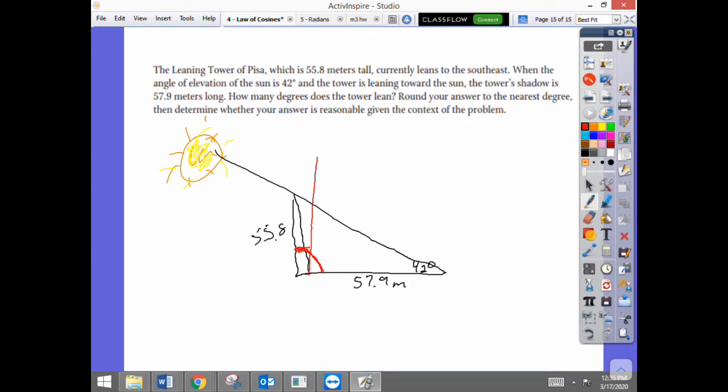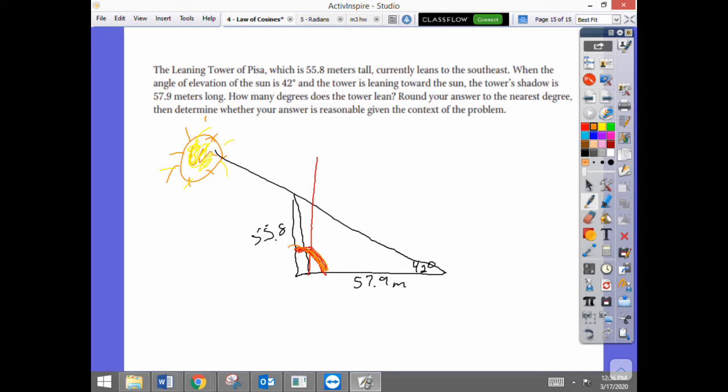And I know this much of the angle is 90. And so to find out how far it's leaning, I just need to subtract 90 from that whole angle right there.